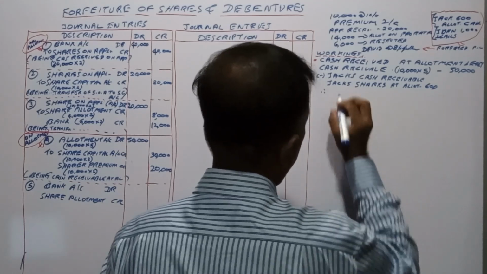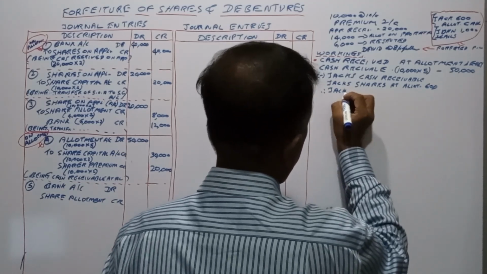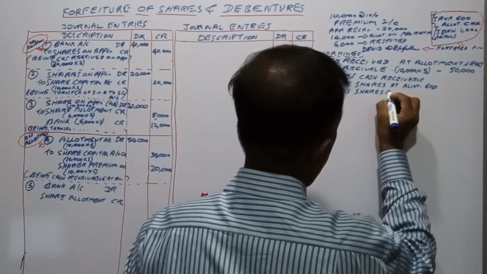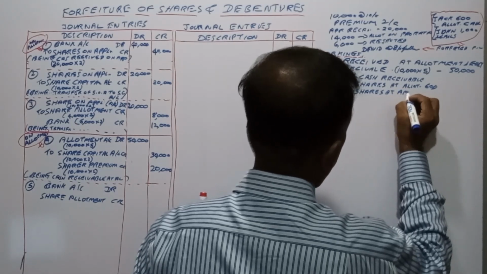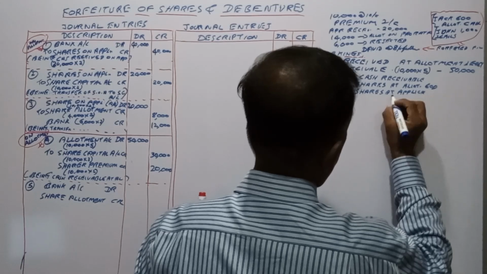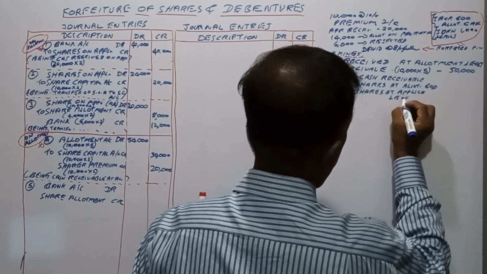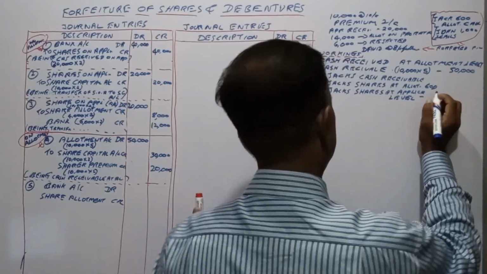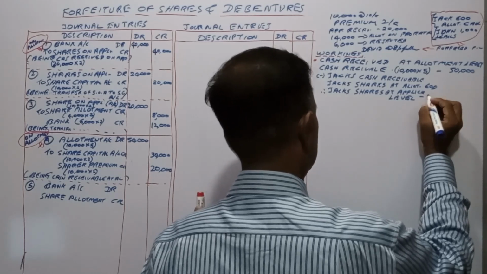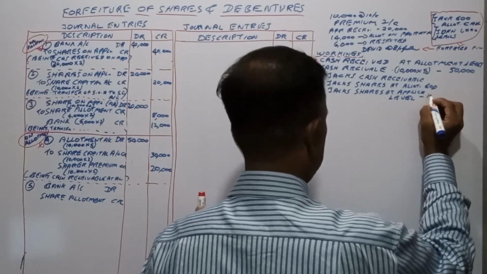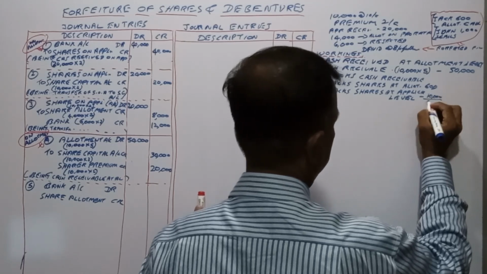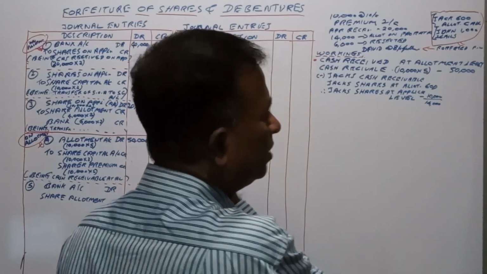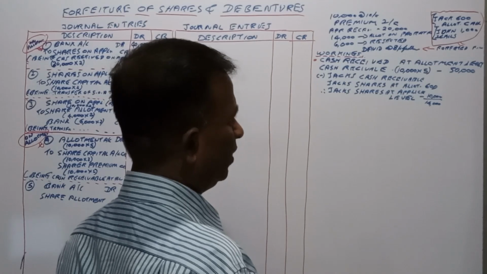Then therefore Jack's shares at application level is 10,000 divided by 14,000, right?